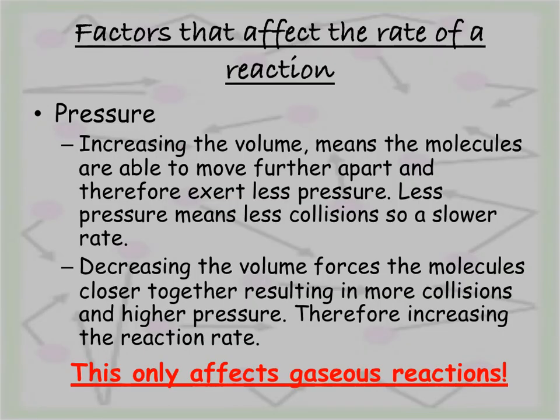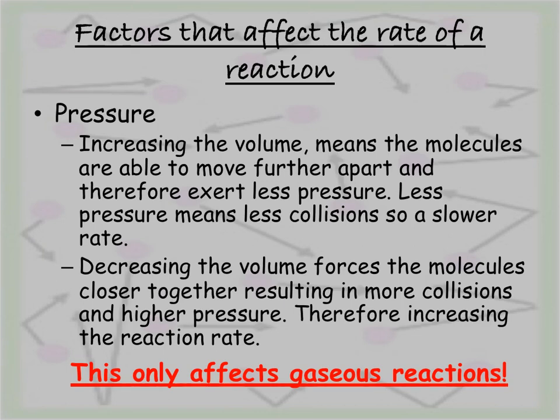All right, the next thing that can affect the rate is the pressure. So when we increase the volume, which means we make our box bigger essentially, molecules are able to move further apart. And the further apart they move, number one, the less they collide, and they're going to collide at probably a slower rate, okay?